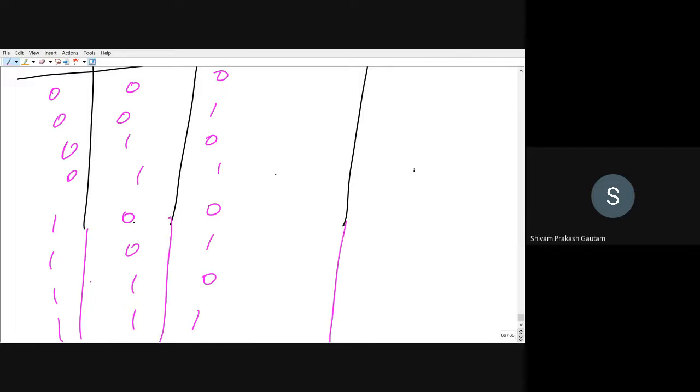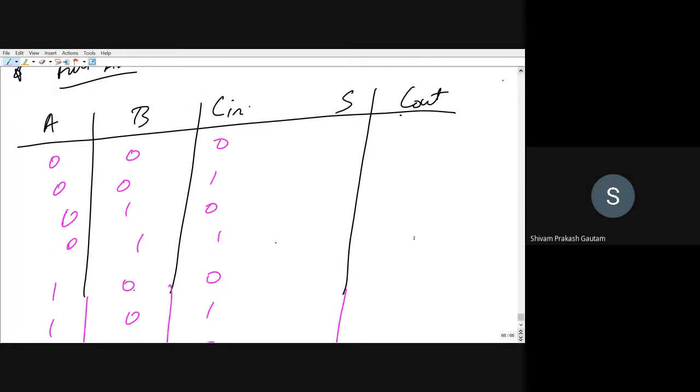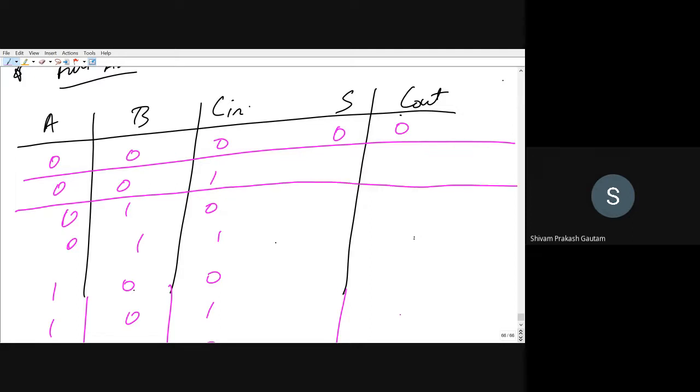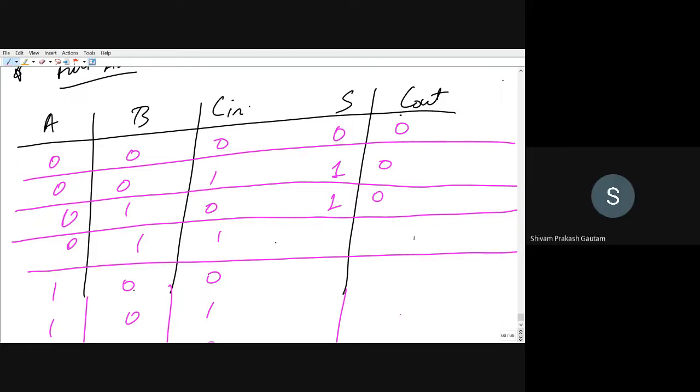Tell me, for the first case, what will be the sum? 0 plus 0 plus 0, sum will be 0 and C out will also be 0. 0 plus 0 plus 1, sum will be 1 and carry will be 0. Next case, 0 plus 1 plus 0 will be 1, 0. Here 0 plus 1 plus 1, pay attention, sum will be 0, because 1 plus 1 will be 1, 0. So sum will be 0 and carry will be 1.